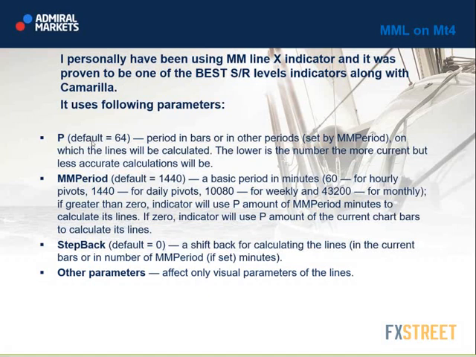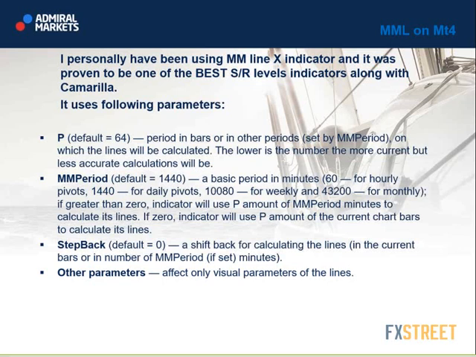P is by default 64. I really encourage you now to snapshot this screen so you can see this setup when you open the indicator itself. So the default is 64.